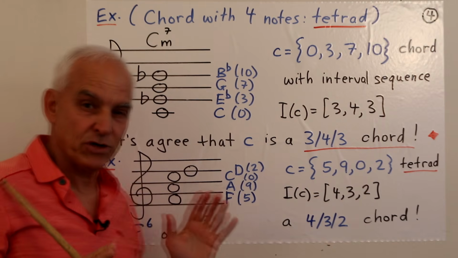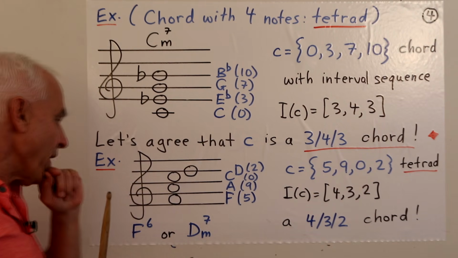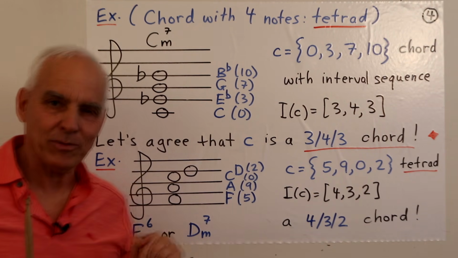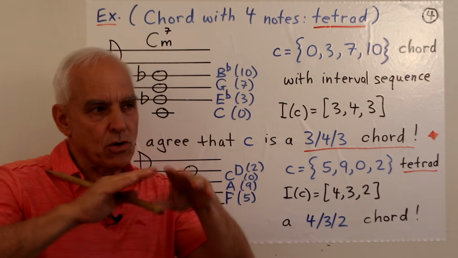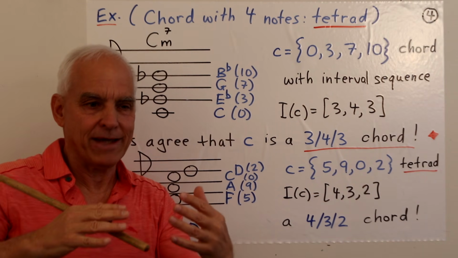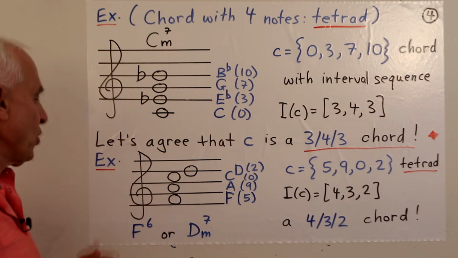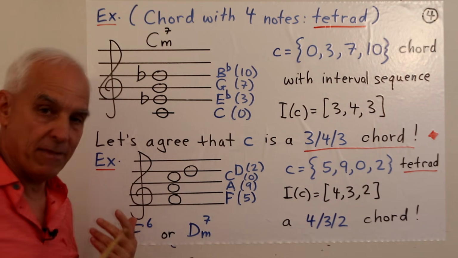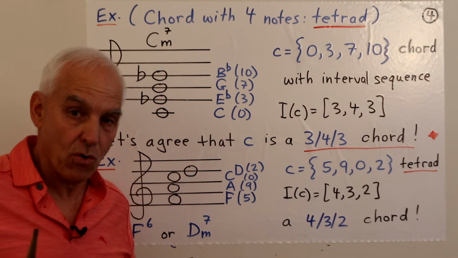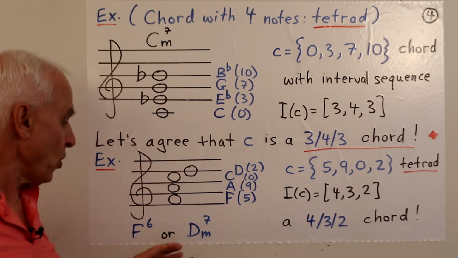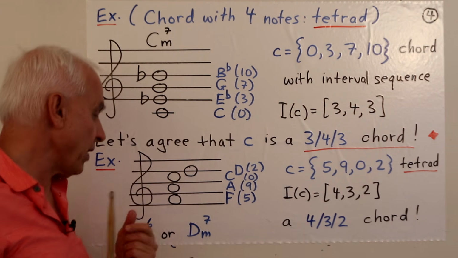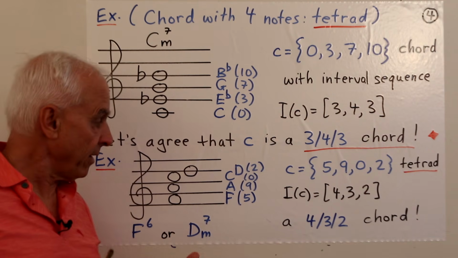Now in terms of traditional naming, there's a bit of possible ambiguity here. Chords that get more complicated can often be interpreted in different ways. Classically, you could look at this and say, this is an F major 6, or just a 6th chord built on F. Or you could say, this is a D minor 7.